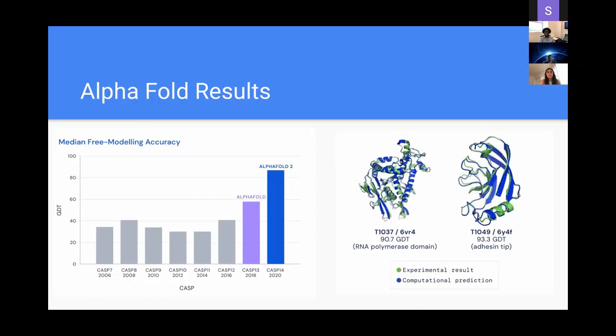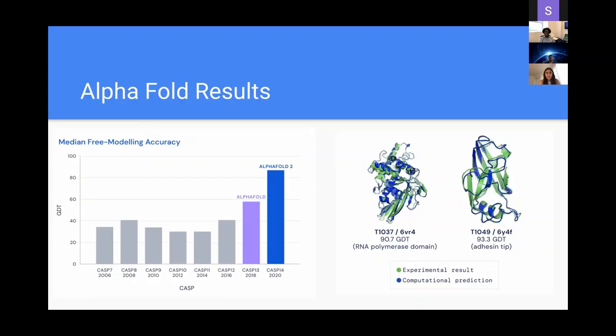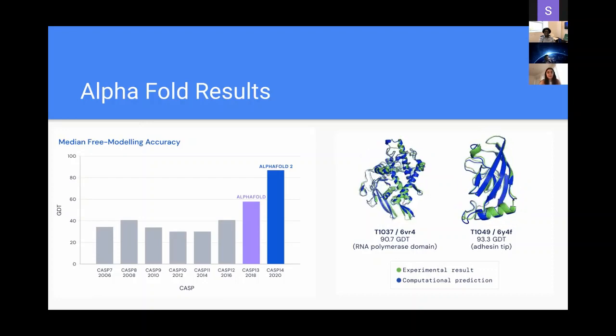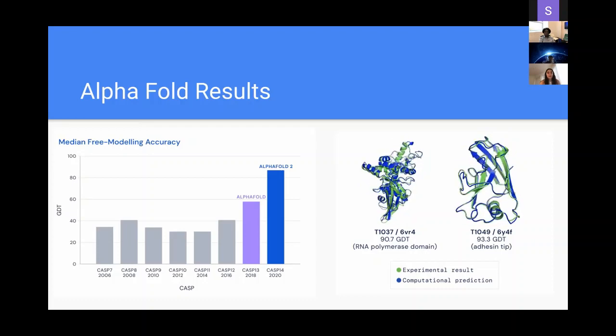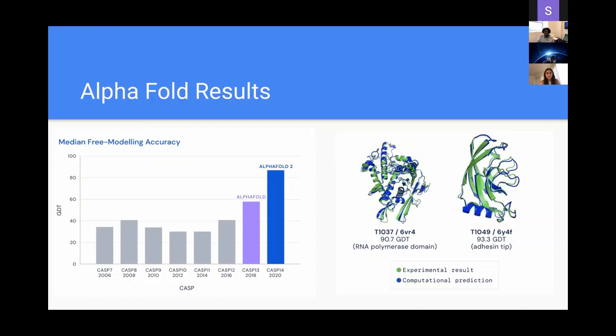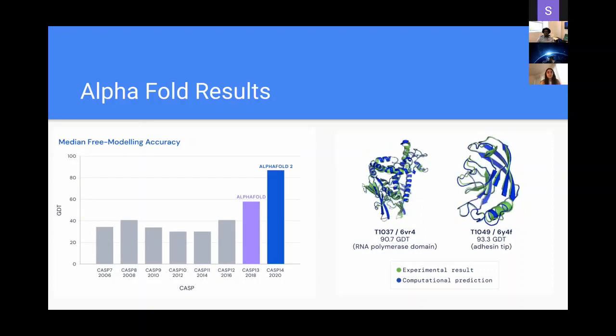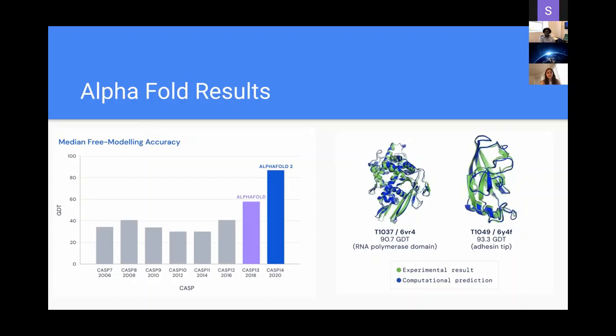But when AlphaFold first competed in 2018, it already showed a 20% higher accuracy than the year before. And then when competing again for the second time in 2020, it achieved even a 30% increase in accuracy.